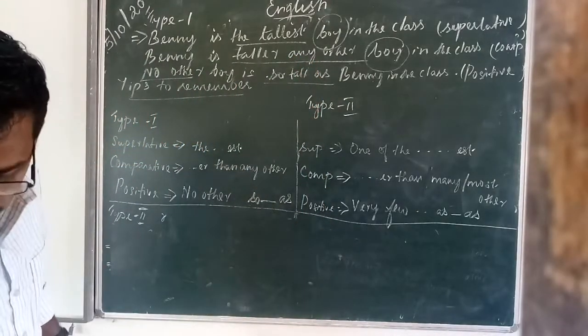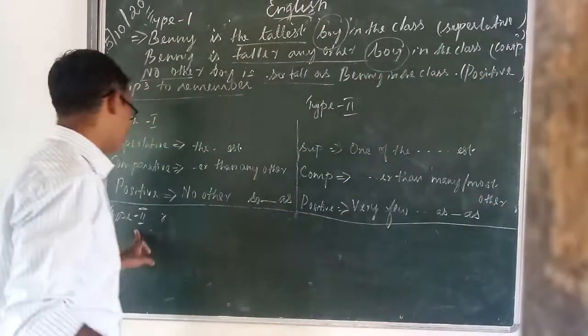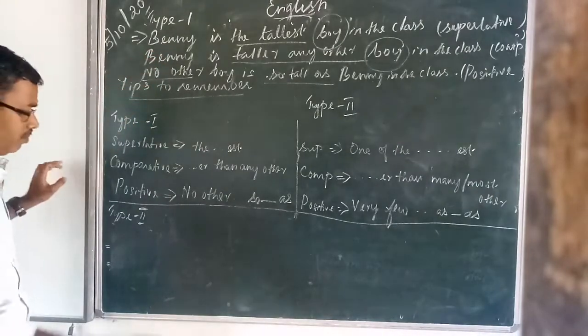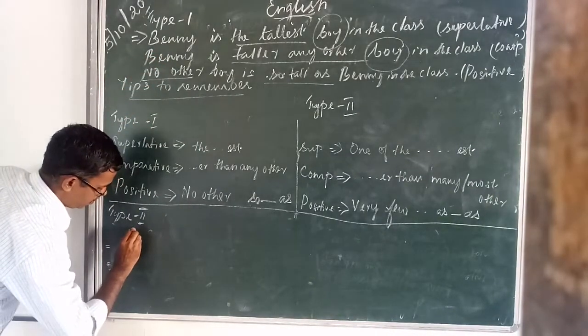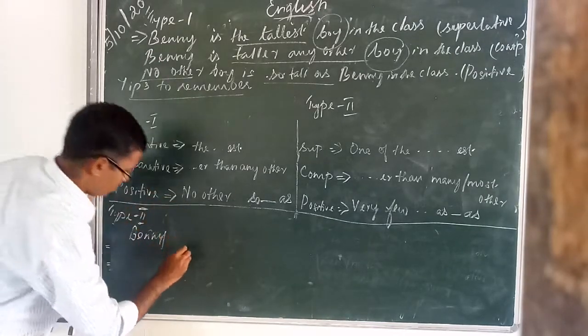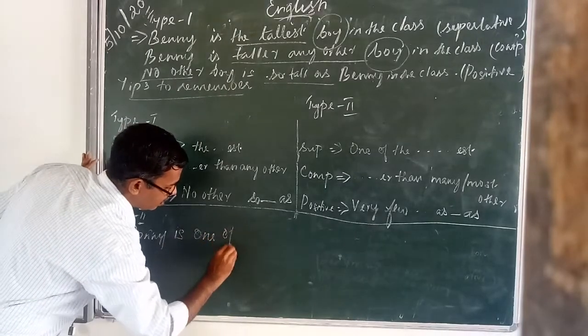Then the similar type of example we are taking type 2. How to change this one? Use the similar name. One of the tallest.